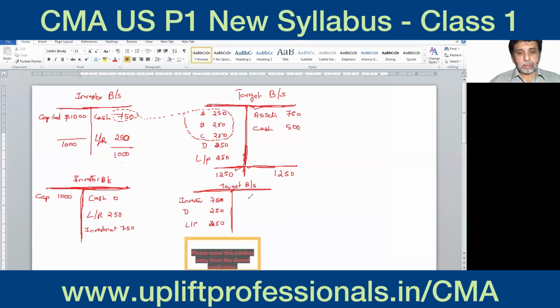Fine. And then on the asset side, assets of 750 and cash of 500. Okay. Does the balance sheet tally? Both the balance sheets tally?